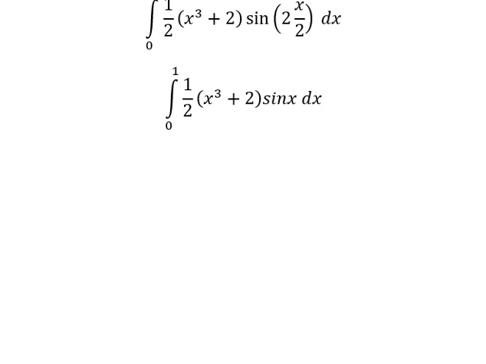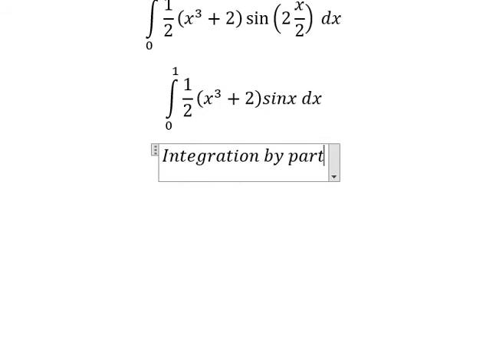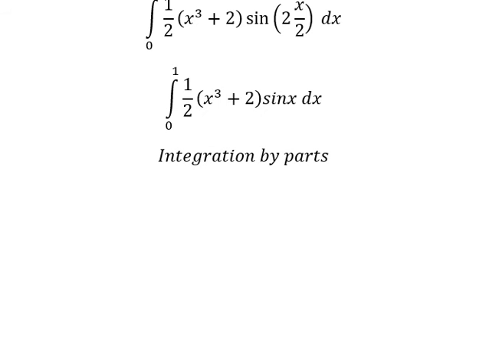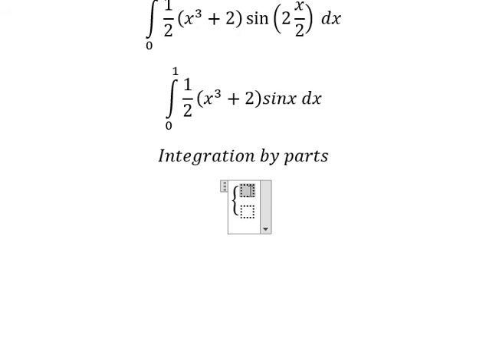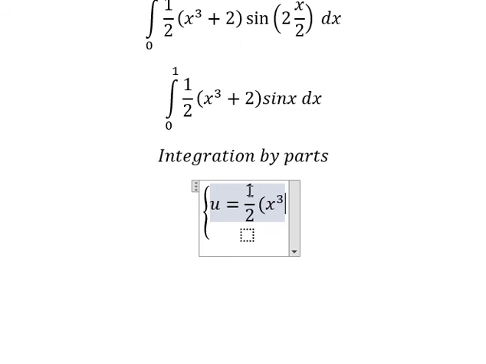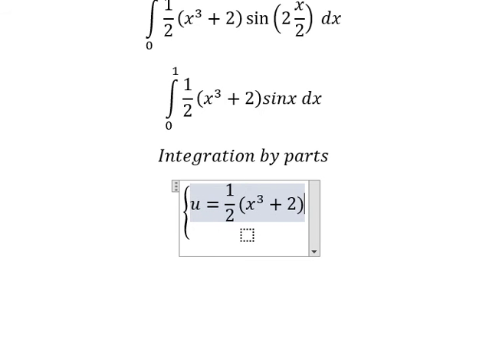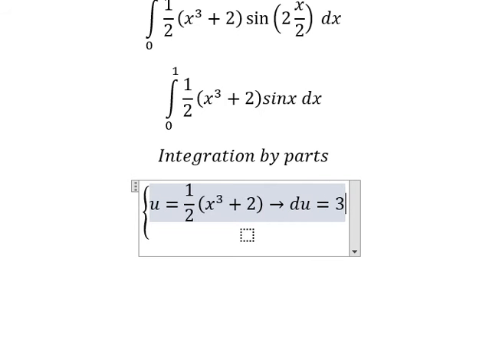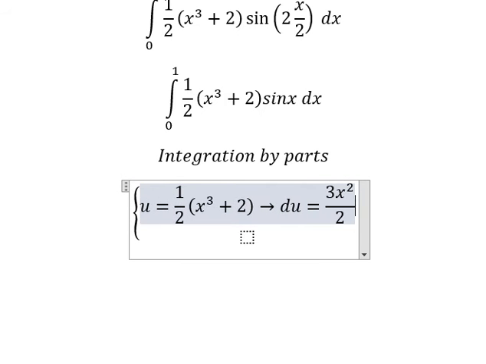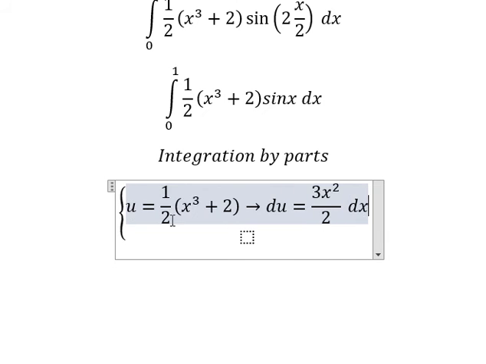Next, we need to use integration by parts. So I will put u equals 1 over 2 s to the power of 3 plus 2. If we first do the derivative for both sides, we have 3s squared over 2 and we have the s.